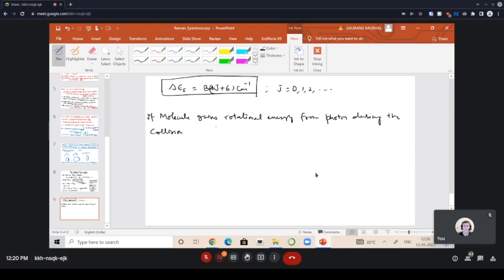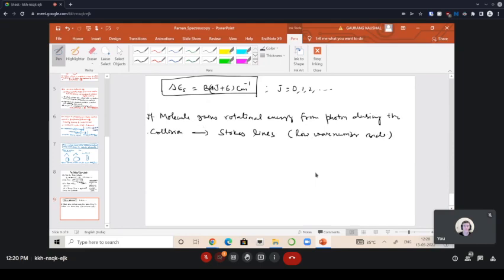So we have the Stokes lines, which will be towards the low wave number side.